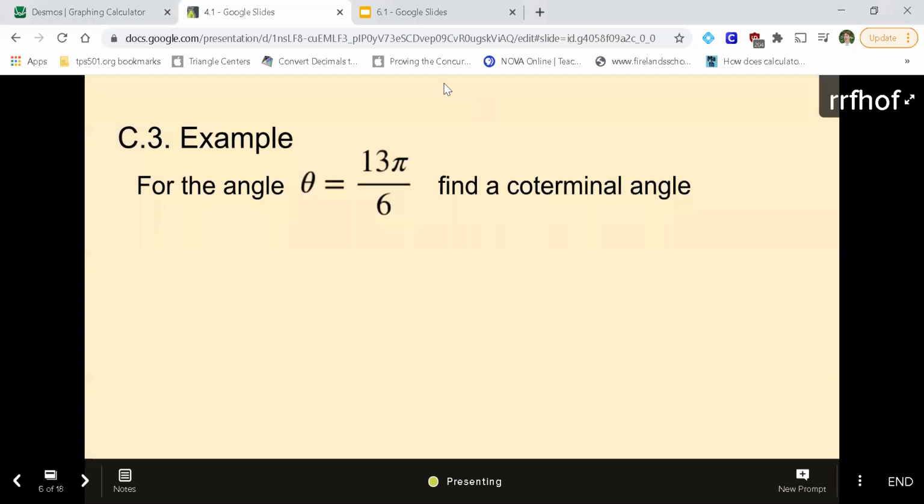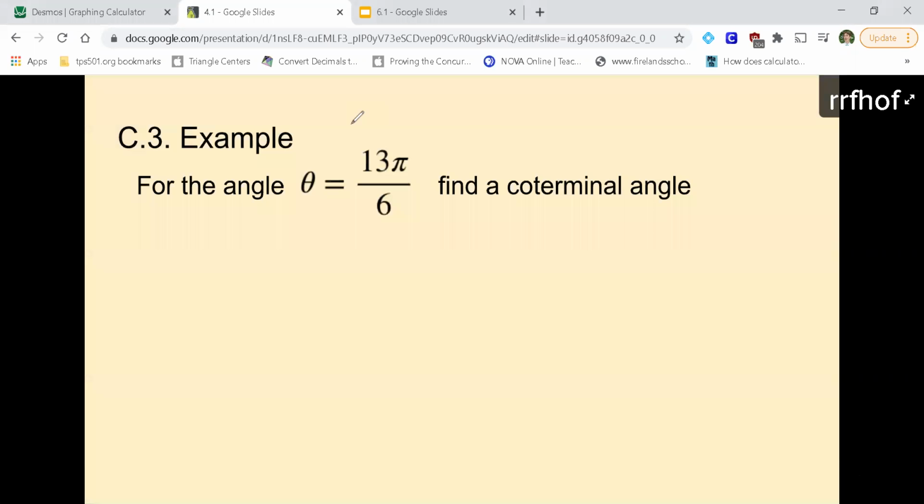So I've given you a whole bunch of information. We're now going to start applying that information to different things that they're going to ask us about. I believe the first type of questions that you get on the homework, and you'll see these on the ACT too, is they'll give you an angle.